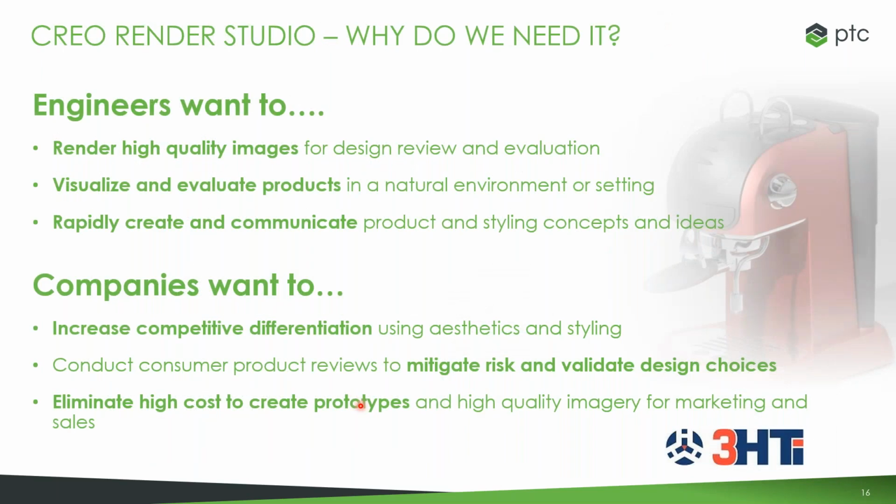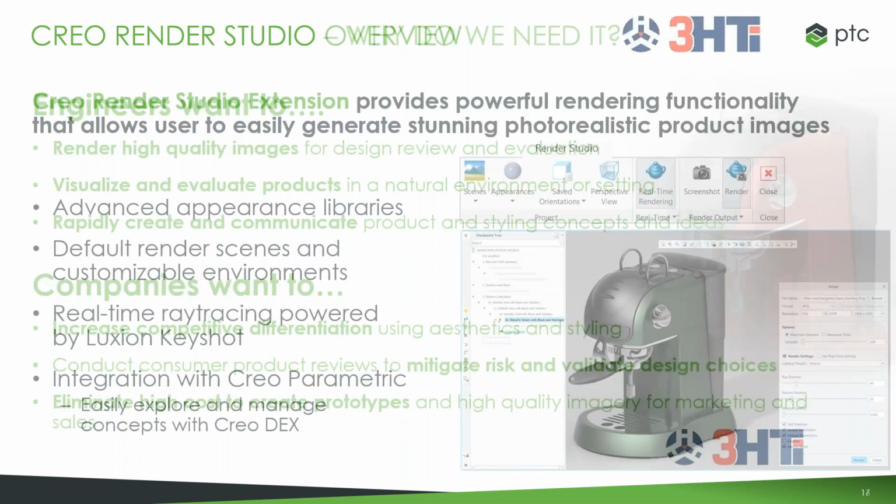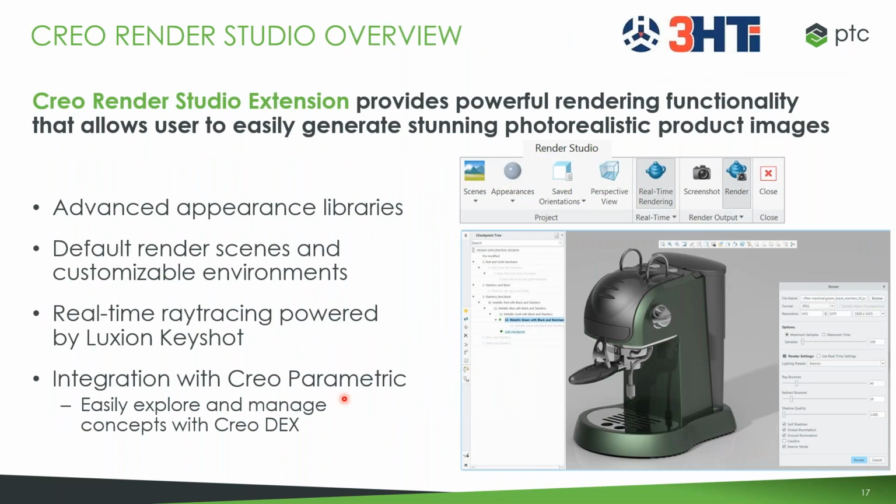Engineers have uses for it, companies have uses for it, as far as advertisements or looking at different finishes, what have you, without having to create prototypes necessarily. This has access to some appearance libraries, default render scenes and environments. And the big point here, of course, is that it integrates directly with Creo Parametric.